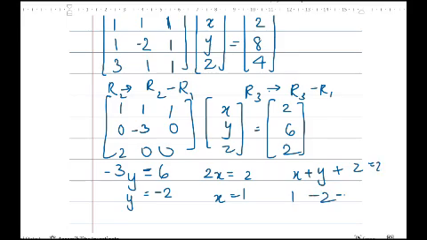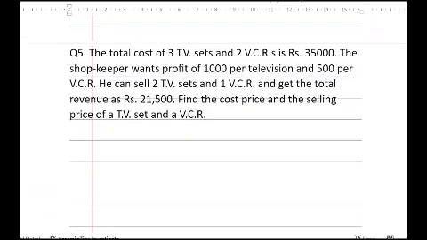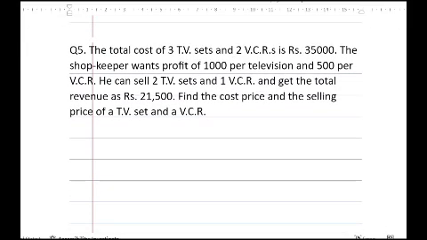So it's 1 minus 2 plus z is equal to 2. Z is equal to 2 plus 2, 4 minus 1, 3. So z is equal to 3. And that is the solution for your fourth question, or the second question for this video.